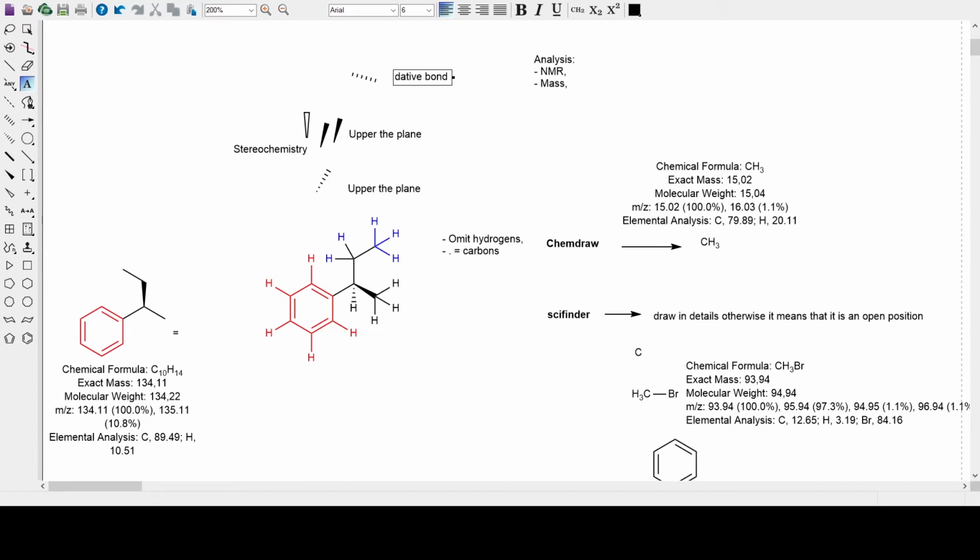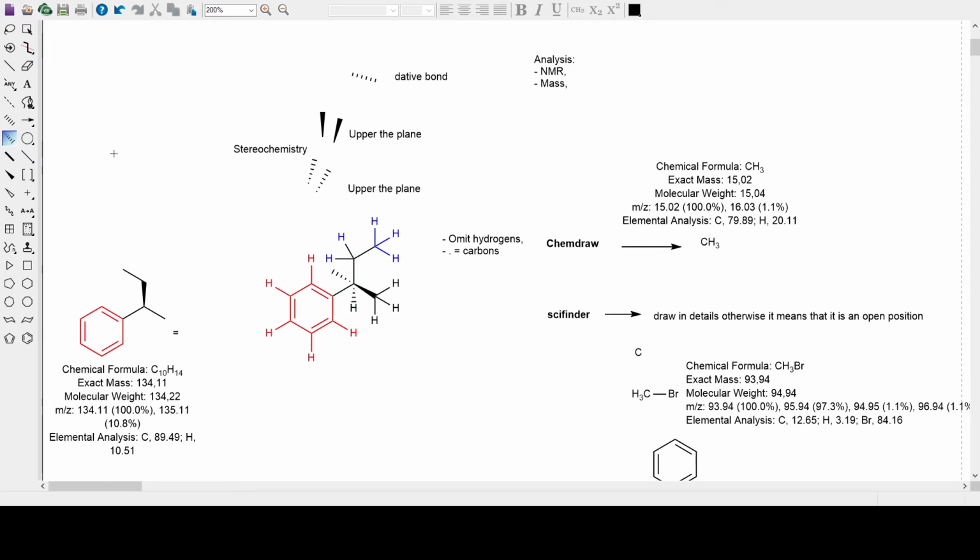So we continue the work. So about the bond here, you see this one, the edge, it means, okay, let's redraw it. It's a stereochemistry, c'est la stéréochimie. That means when it's like this, it's upper the plane, okay? And this one, that means it's below the plane. The plane is like this bond, okay?